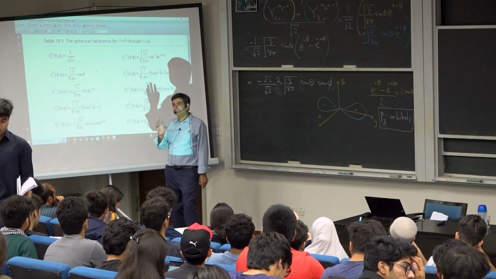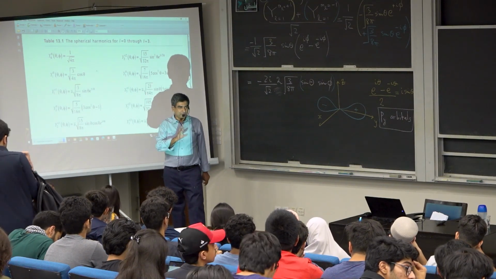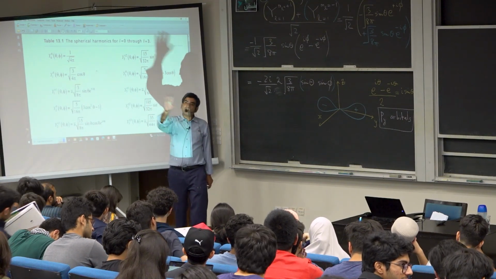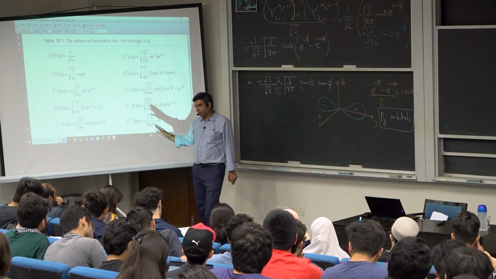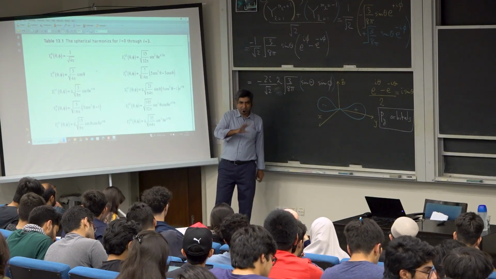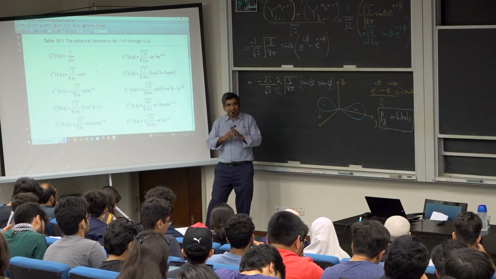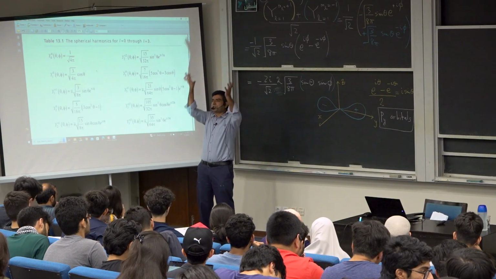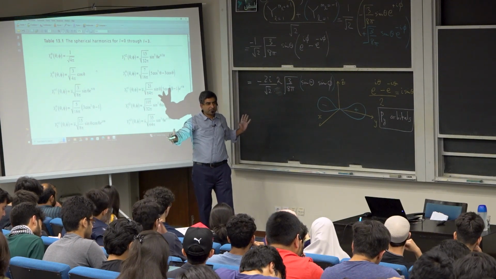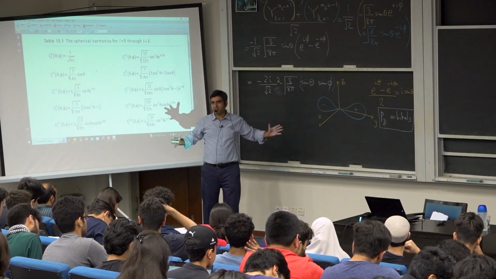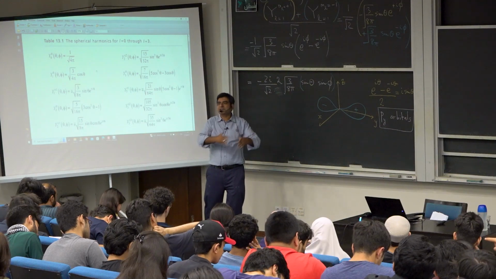Clearly, this is a d orbital because L equals 2. So far, I am not concerned with the radial part of the wave function. That's going to come later in our discussion. I'm just trying to draw orbitals, and these orbitals have some orientation in three-dimensional space. They vary with theta and phi. So the R dependence comes later.